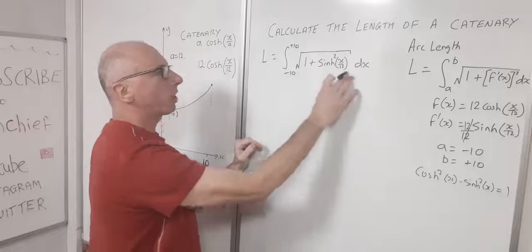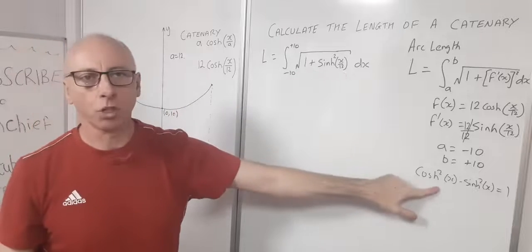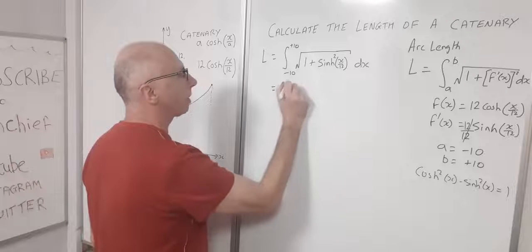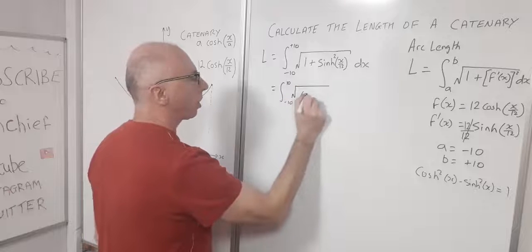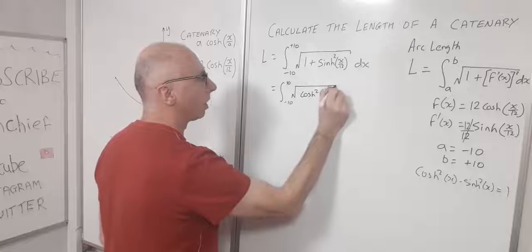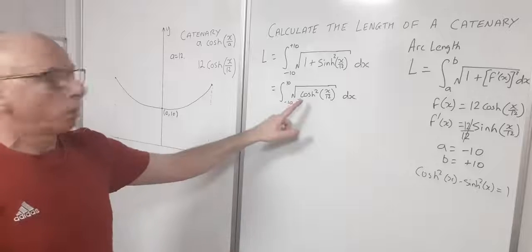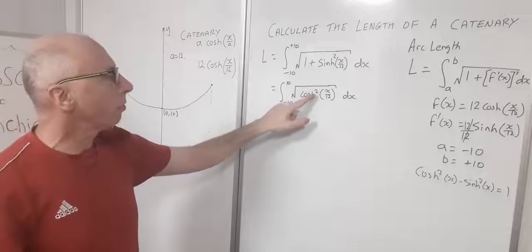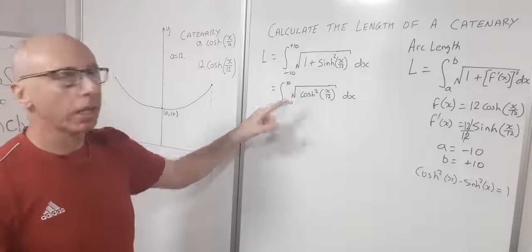So I can now change my radical and just write cosh squared of x over 12. As this is contained inside the square root, we can just square root what's inside, and therefore we can get rid of the square root term.